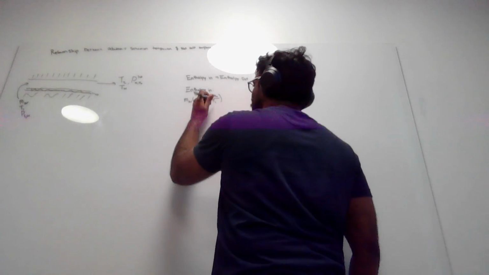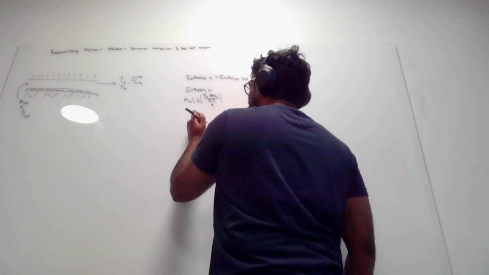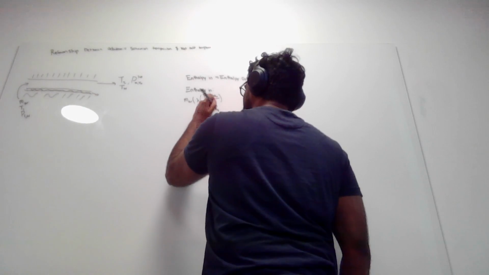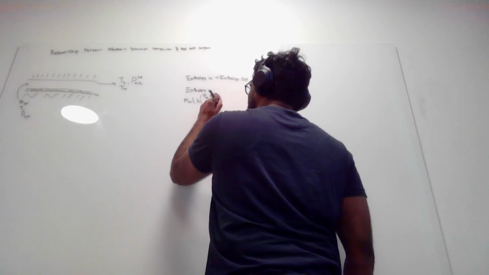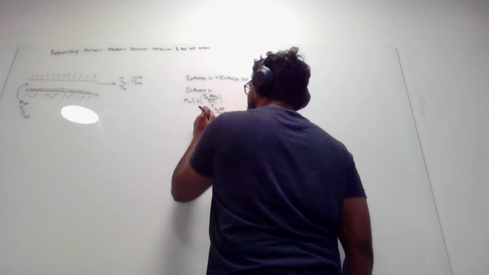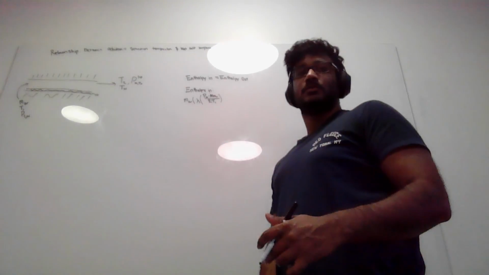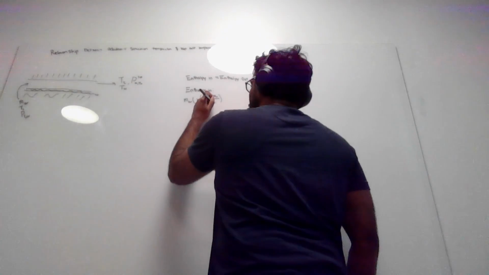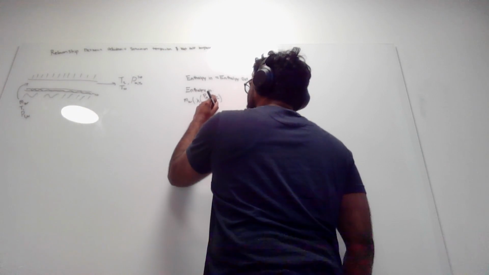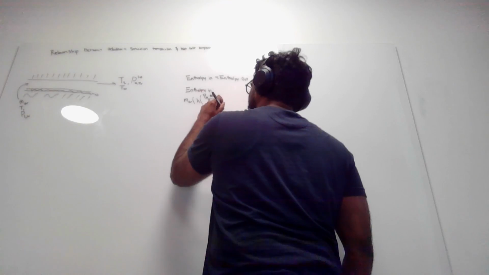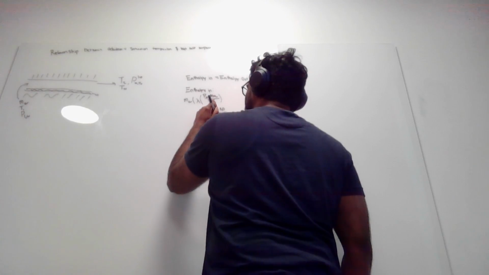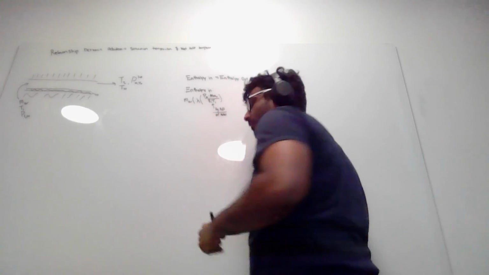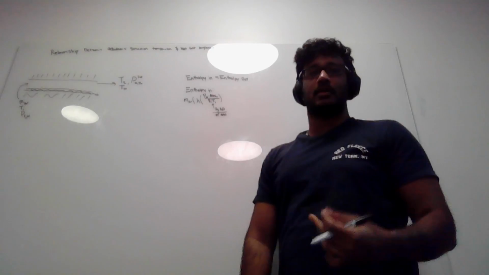So this gives us the units of kg of H2O divided by meters cubed of total, and total being the combination of air and water.